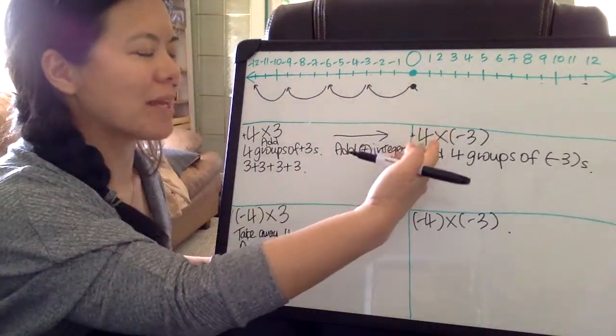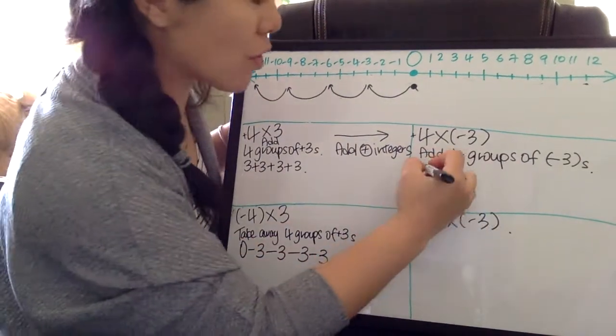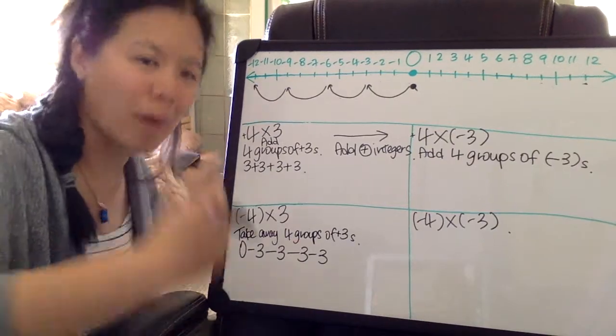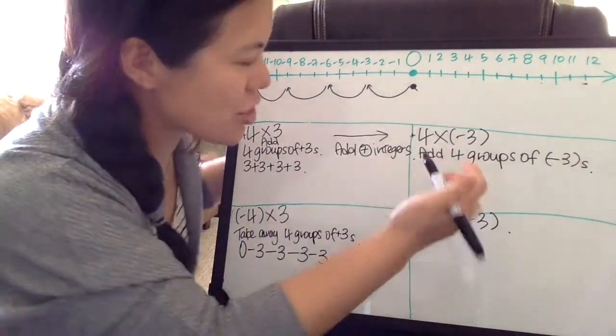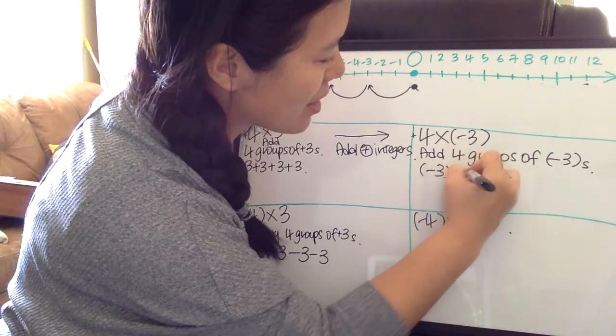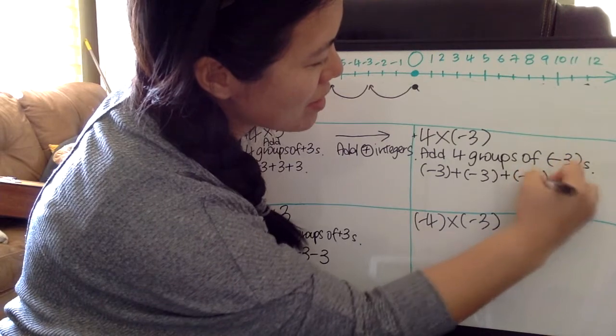Because this means you can add 4 groups of -3 integers. You could always write it because repeated addition is multiplication. Multiplication is repeated addition. So you could write it as you are adding -3 4 times.